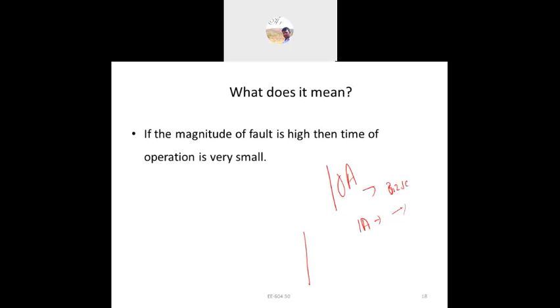That is the time lag. If this much fault current flows continuously and the relay operates after 5 seconds, it will damage the equipment. So if the magnitude of the fault is high, the time of operation is very small.